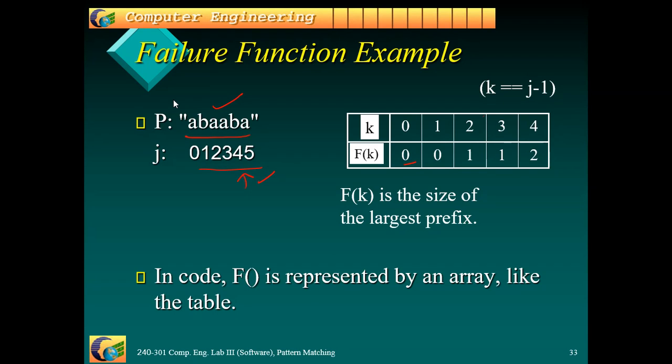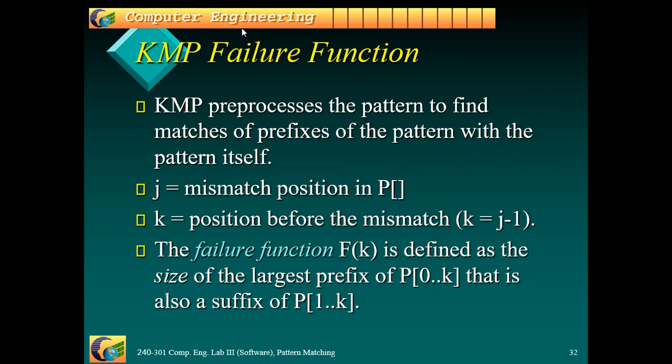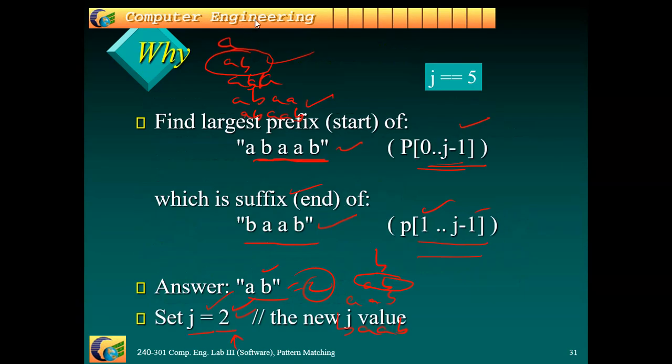From that particular pattern you identify the failure function value. This failure function value will be given as your j value instead of 0. You calculate it with the technique I have discussed: the largest prefix of p of 0 to j minus 1, which is the largest suffix of p of 1 to j minus 1.